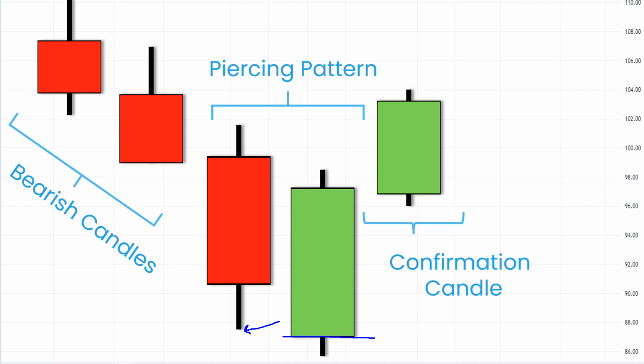What the hard part was to find was a candle that closed in between half of the body, and I'll just draw another arrow here, of the red candle. So if this is the complete range from open to close of the red candle, this green candle's close needs to be somewhere between this box I drew, halfway, and the red candle's open.